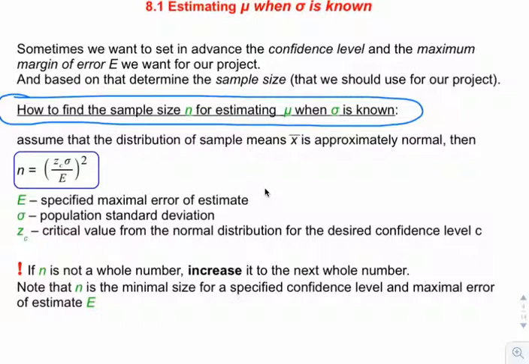So sometimes we want to set in advance the confidence level and the maximum margin of error we would like. So we're asked to figure out what would be the appropriate sample size. Well, we saw in the slide above that ZC is x bar minus mu over sigma divided by the square root of n.